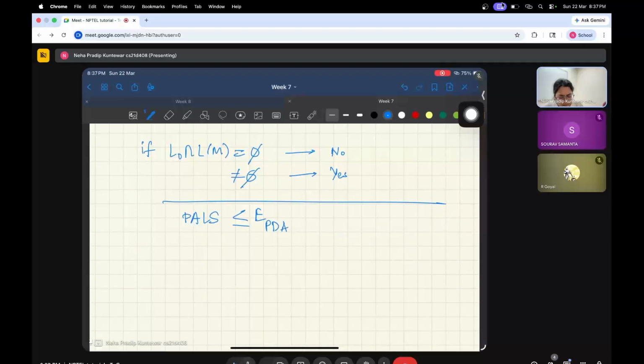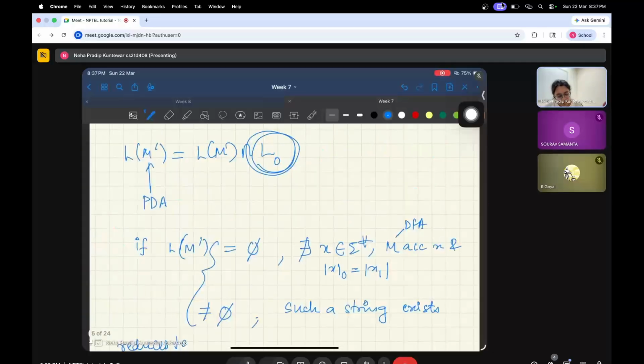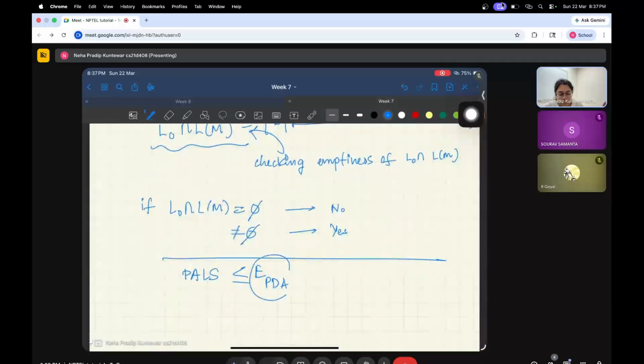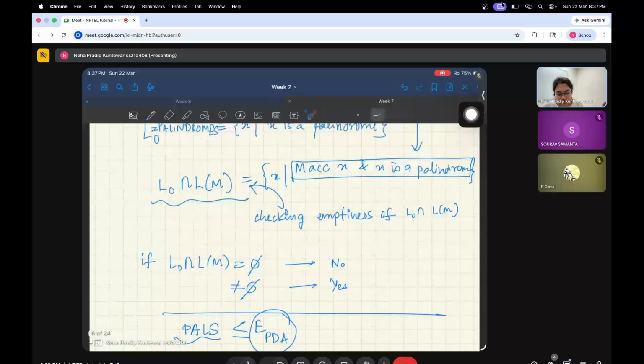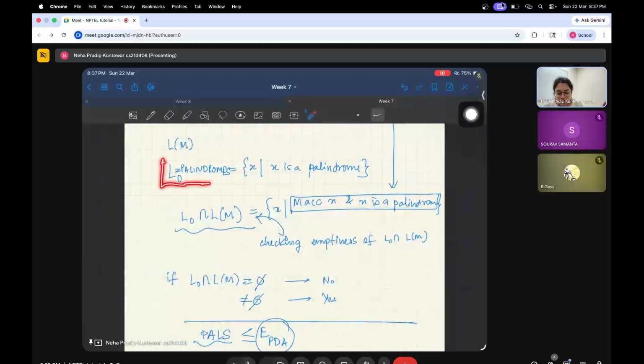You're just going to check for the emptiness of this, and this is decidable. Therefore, this is decidable. And all the arguments are the same. The only thing we changed was this language L0. Instead of taking equal number of zeros and ones, we took it as the language of palindromes. Every other step is exactly the same.